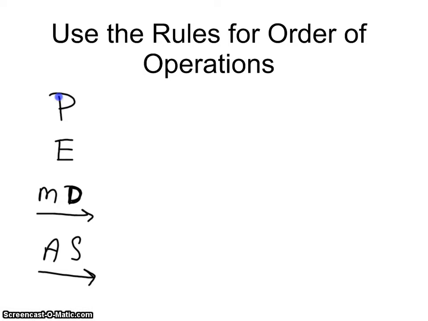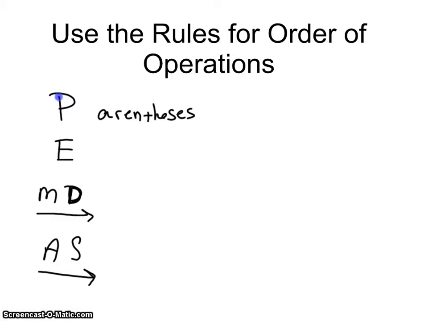Okay, so the P stands for, as you know, parentheses. That means we simplify any part of our expression that has operations inside parentheses first. You completely simplify that. That doesn't mean a -7 in parentheses.